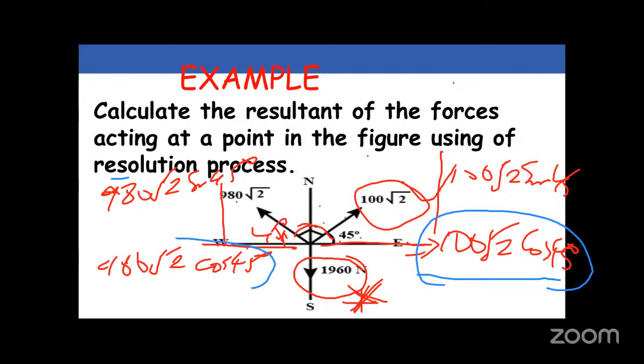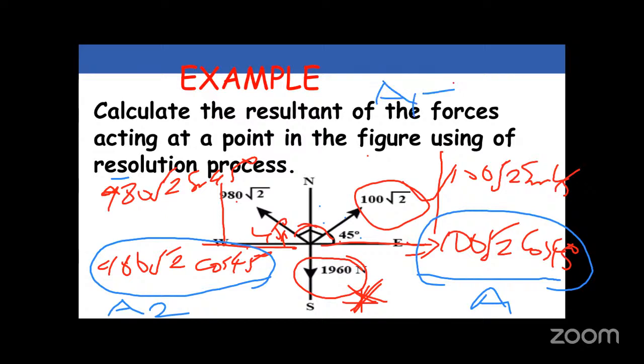Here we have this as the horizontal component. Both of them are in opposite directions. So their resultant will be subtraction. If we say this is A2 and this is A1, it will be A1 minus A2.